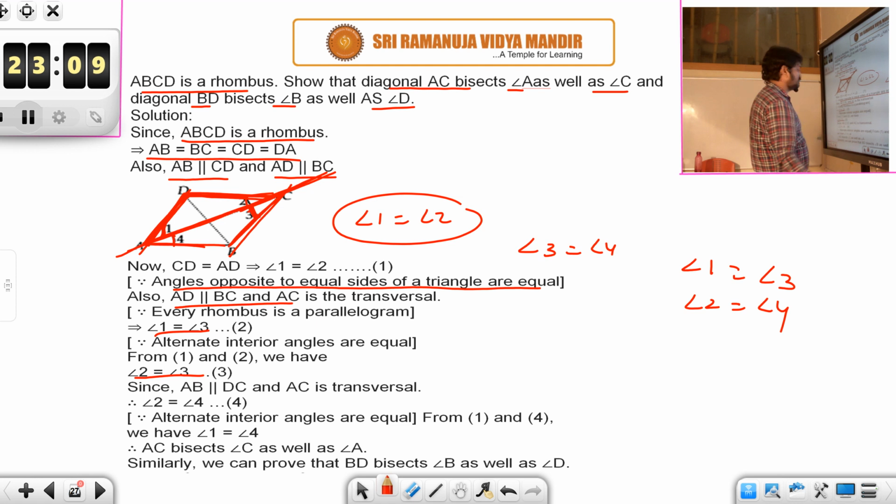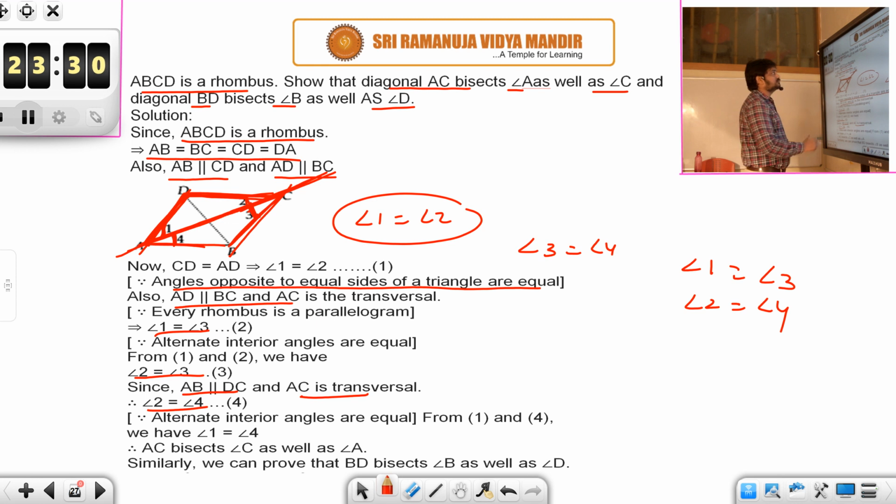Since AB is parallel to DC and AC is a transversal, we could say that angle 2 is equal to angle 4. So here what you are proving is angle 1 is equal to angle 4, that is, this diagonal is bisecting this angle. Similarly, angle 2 is equal to angle 3. So this diagonal is bisecting this angle.